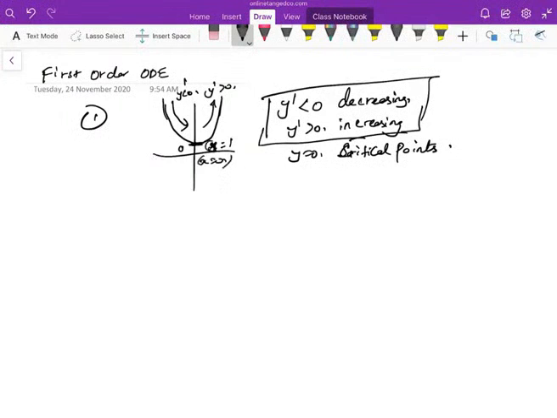Once you obtain y dash, substitute a value just before 0, which means minus 0.5, and see the sign. If it is negative, then it is a decreasing function here. Substitute just after 0, plus 0.5.